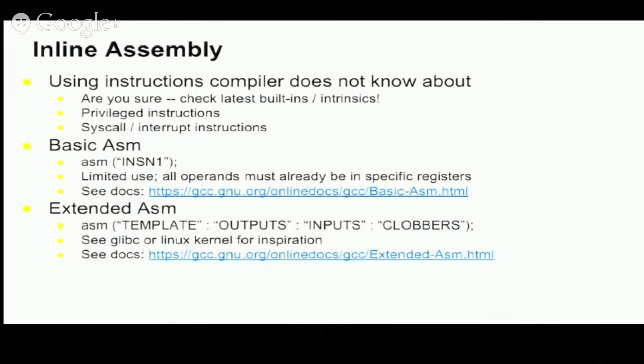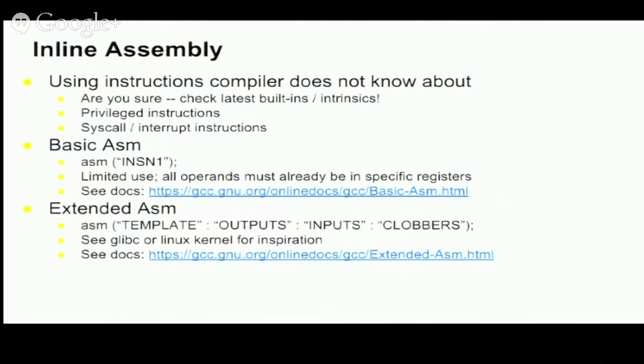It allows you to emit a single instruction in inline assembly. This one will help you with named registers, but you cannot pass any parameters from C code, and you cannot get output results into C code from basic Asm. For extended assembly, you can do that.